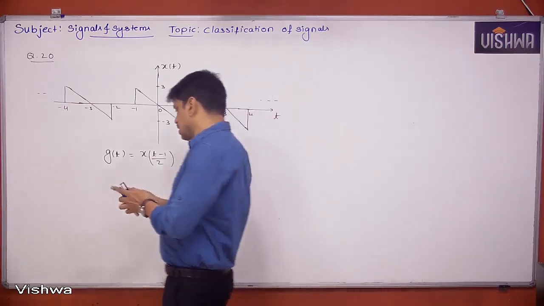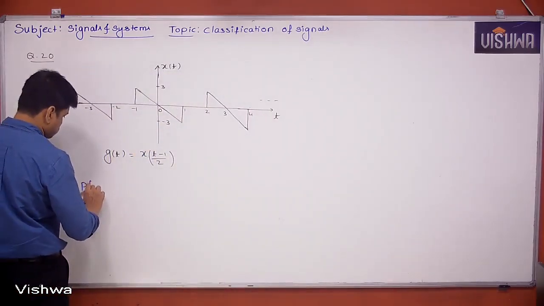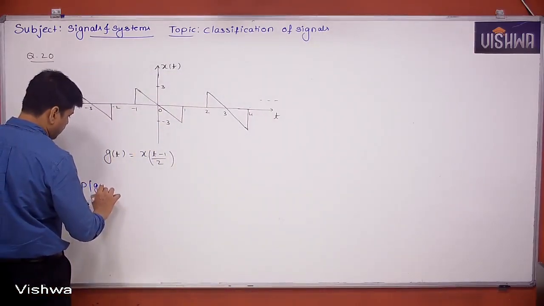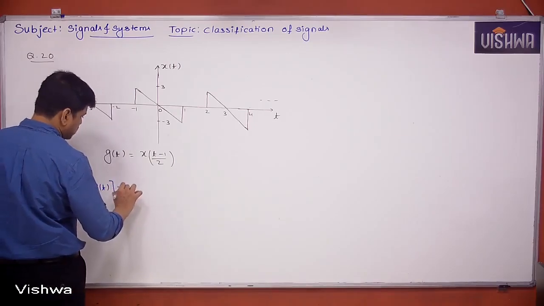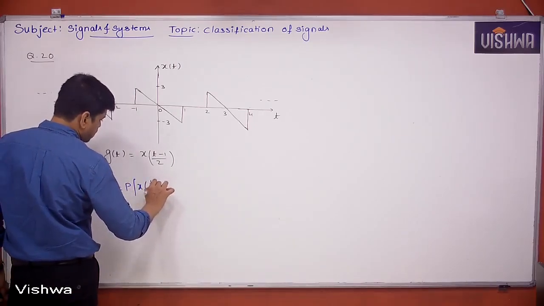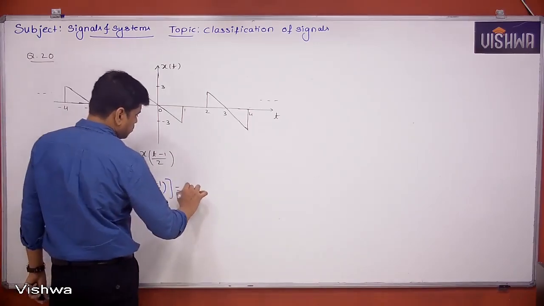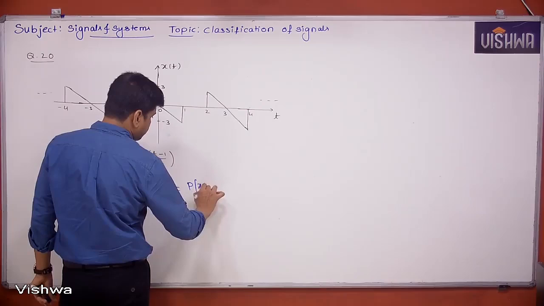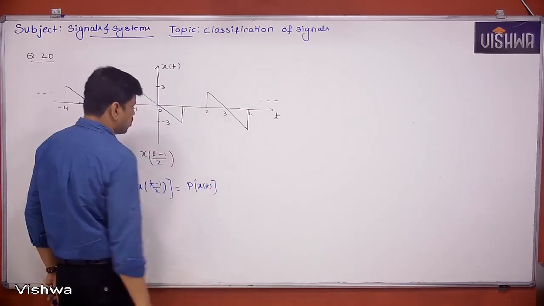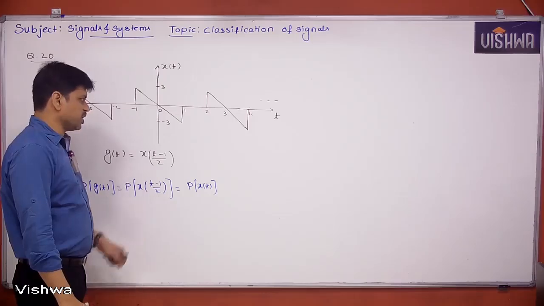So I can say whatever power of g of t you want to calculate is the same as the power of x of (t minus 1/2), which is the same as the power of x of t. So it won't make any difference.